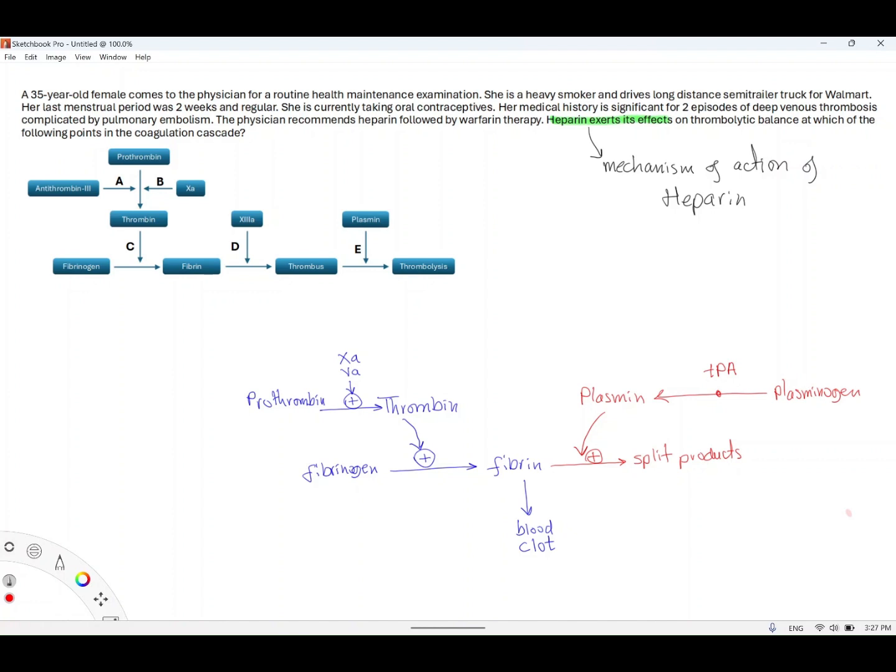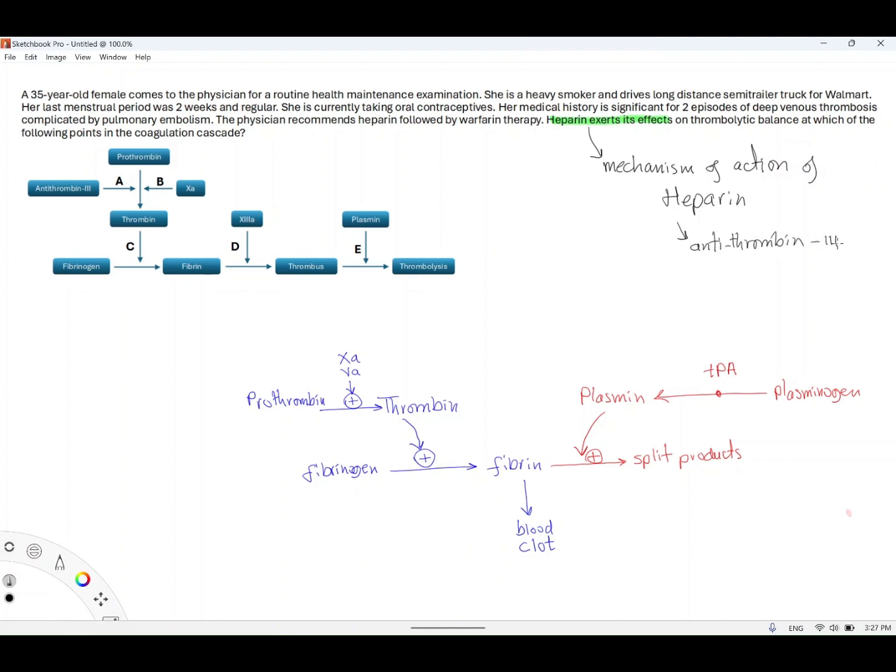So where does heparin come in? What is the mechanism of action of heparin? Well, heparin activates antithrombin 3.